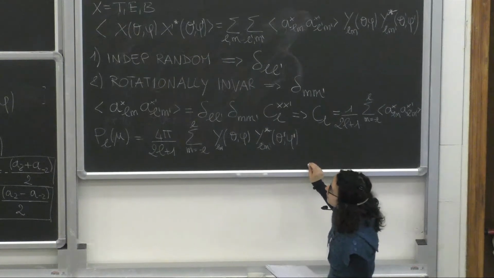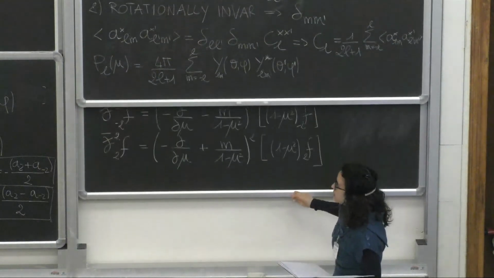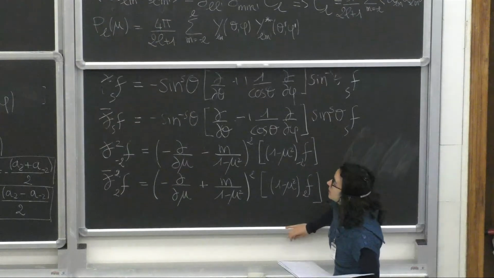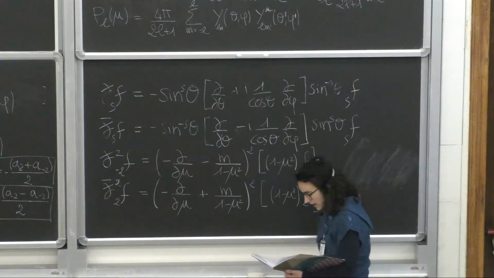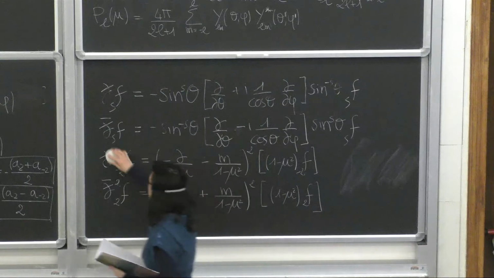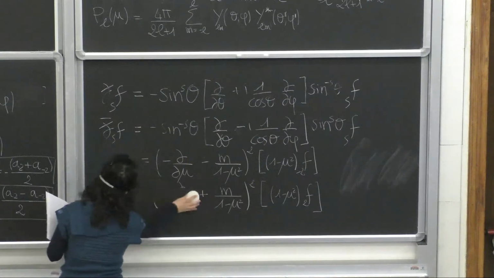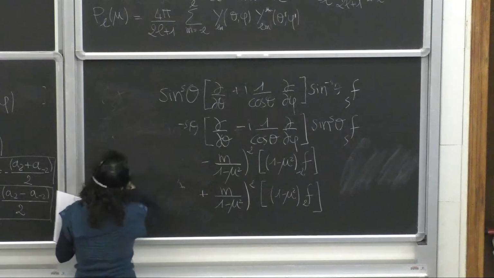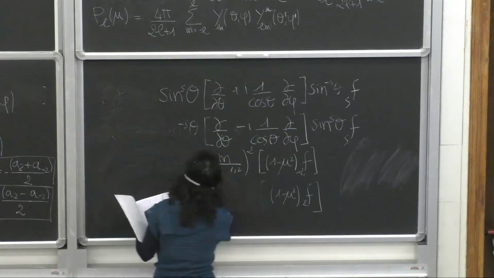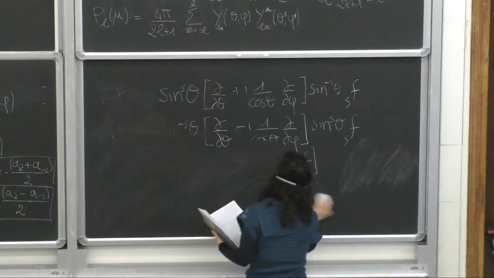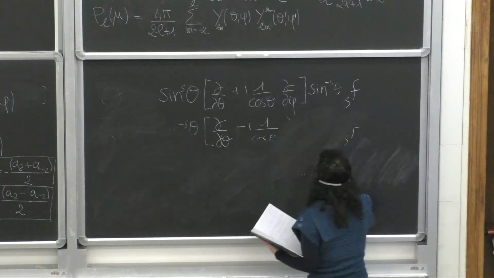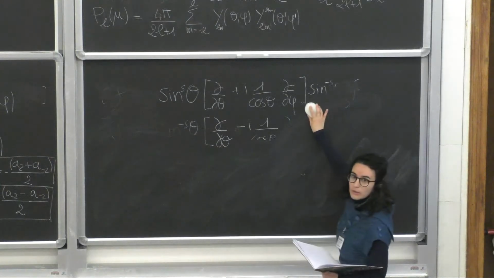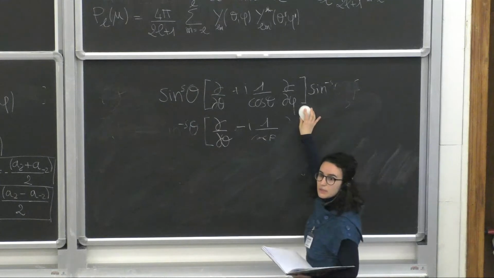Then we can rewrite the cross correlation between the two fields X and X prime in a very simple way, which just involves, instead of spherical harmonics and ensemble average, the power spectrum and the Legendre polynomial.